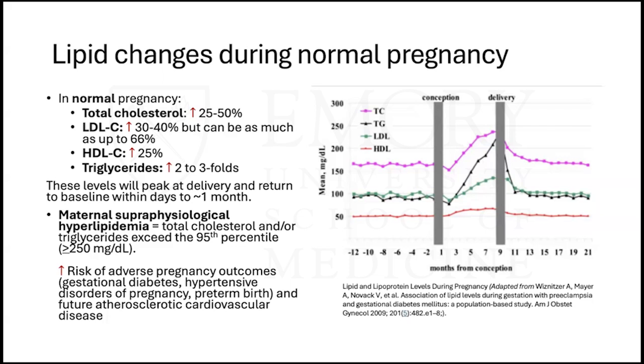Unfortunately, though, the prevalence of maternal supraphysiologic hyperlipidemia is not well known, given that lipid levels are not routinely checked during pregnancy, since currently there are no guidelines recommending to do so.